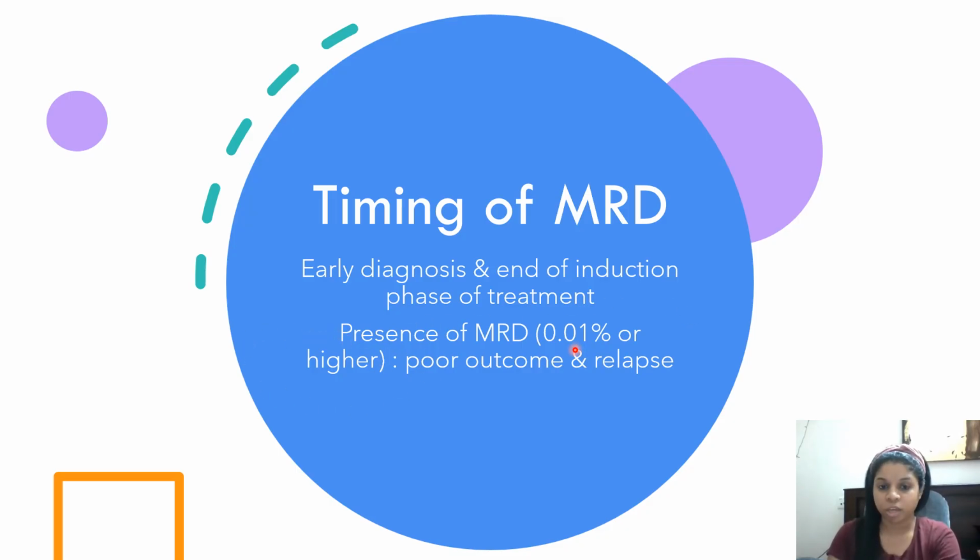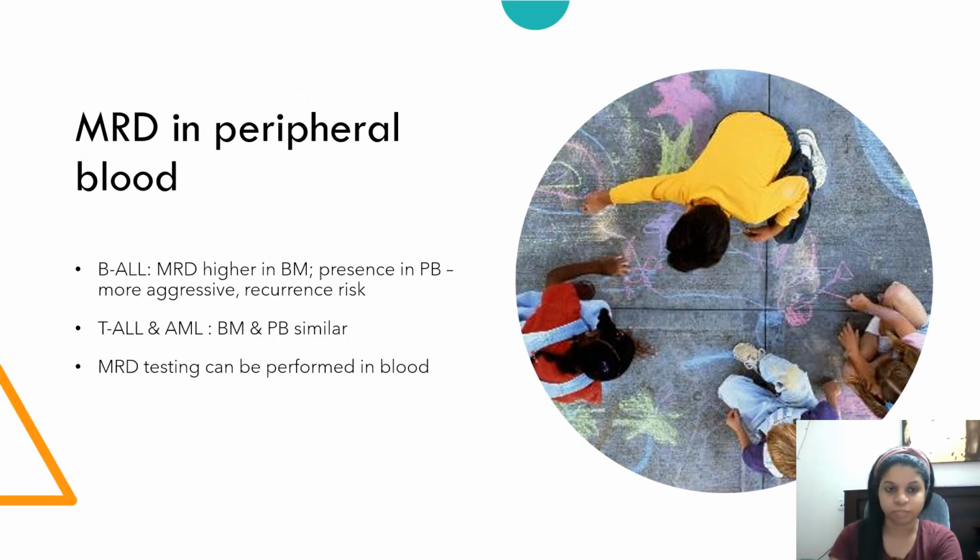If the patient has MRD at the end of the induction phase, it correlates with poor outcome and a high chance of relapse. Even during early diagnosis, if there are 0.01 percent or higher leukemic cells, it usually correlates with poorer outcome. But it is more specific when you detect it at the end of the induction phase treatment.